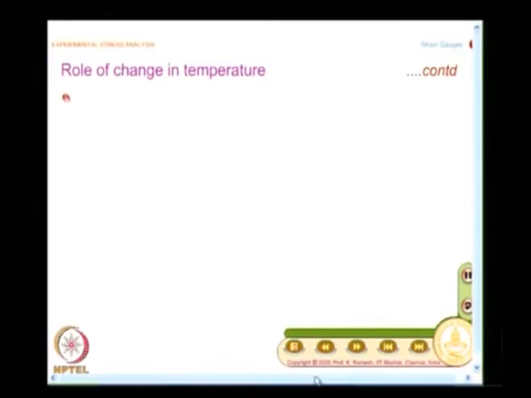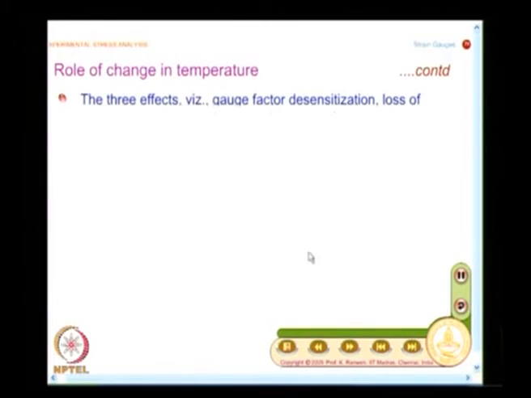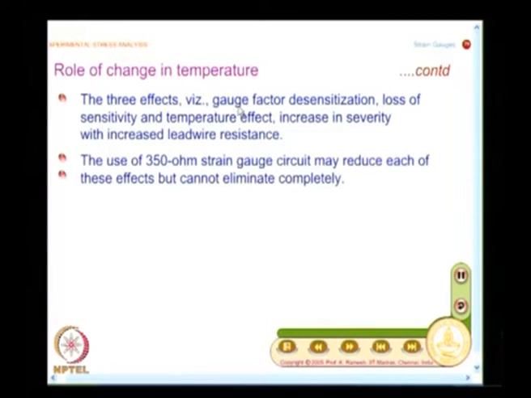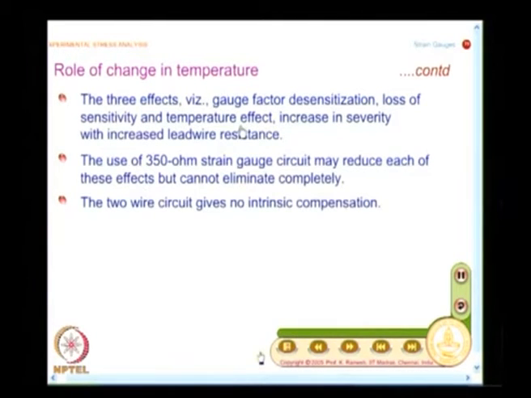You have to account for it. So, what you find is the gauge factor desensitization or loss of sensitivity and temperature effect increase in severity with increased lead wire resistance. So, you have to account for it in practical applications.